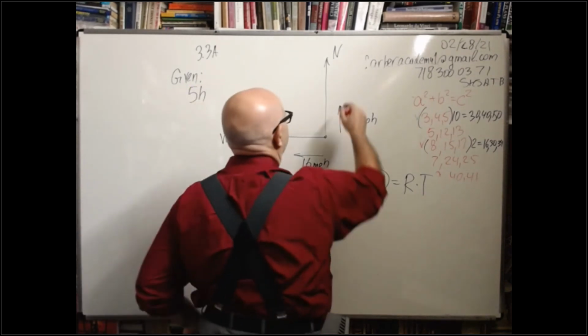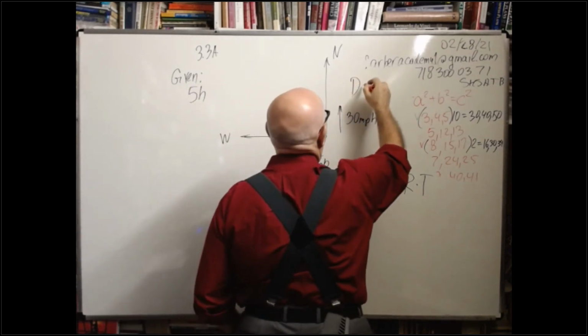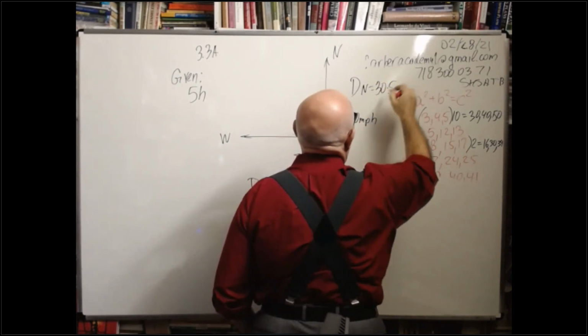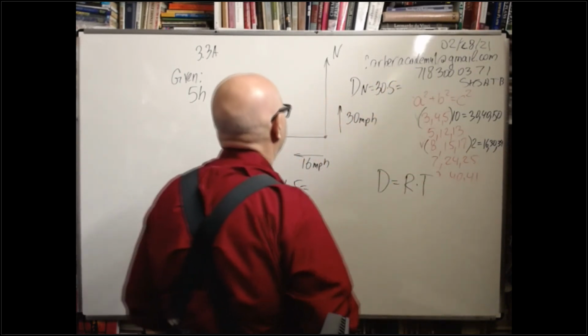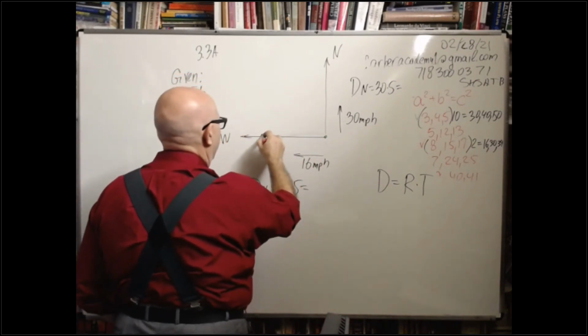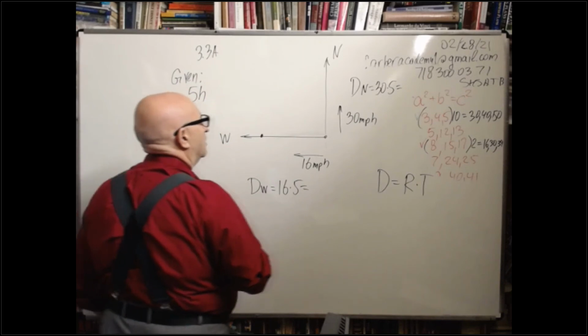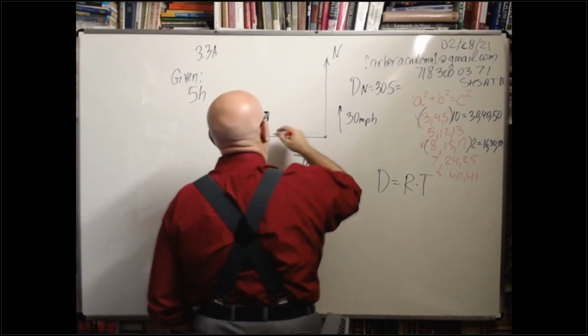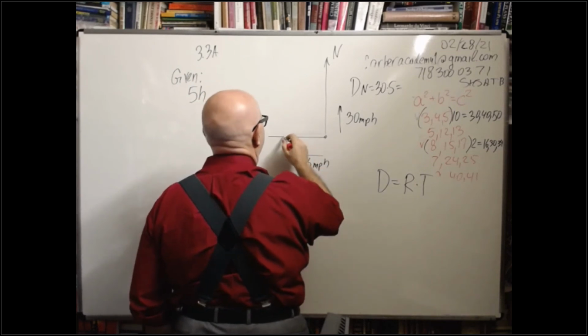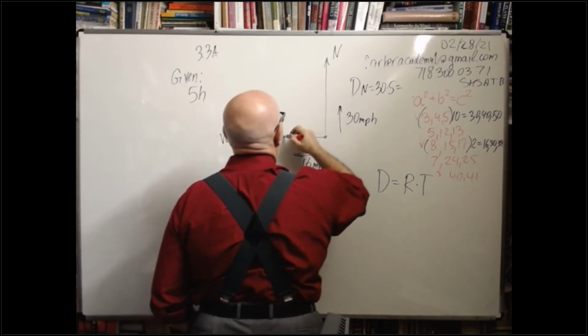And d north, distance north, equals 30 times 5 miles. And pretend in 5 hours, this boat is over there. And in 5 hours, since this rate is smaller, this is bigger. So I make it like this, a proportion kind of.